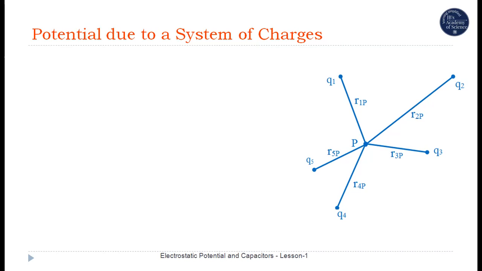Consider a point P. Consider the charges Q1, Q2, Q3, Q4 and Q5. Let R1P, R2P, R3P, R4P, R5P be the distances of the charges from the point P respectively.